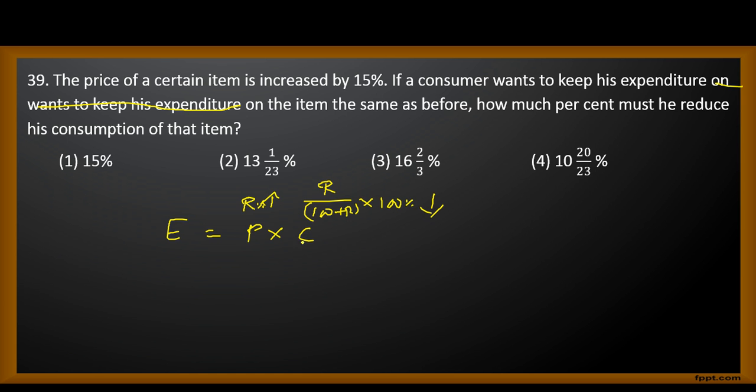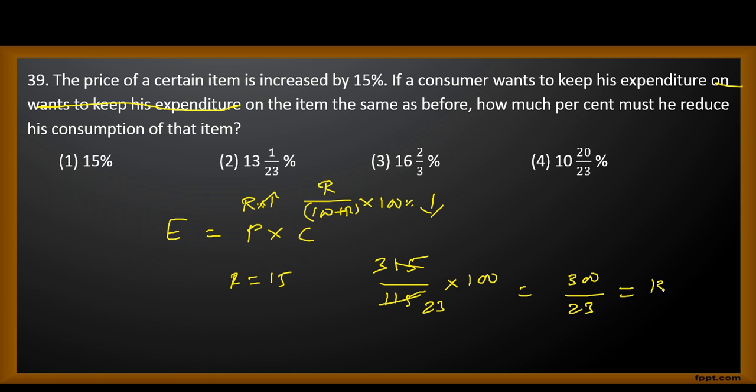Now R is given as 15. So the consumption must be reduced by 15 by 115 into 100. 5 threes, 5 twenty-threes, which is nothing but 300 by 23. On simplification, you will get 13 1 by 23%. Simply option 2.